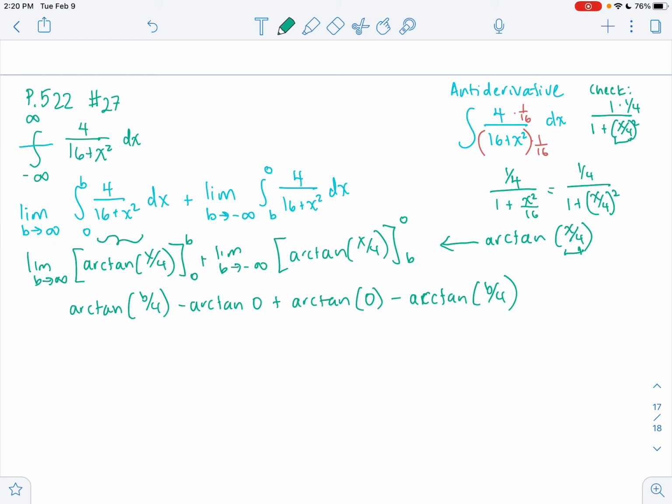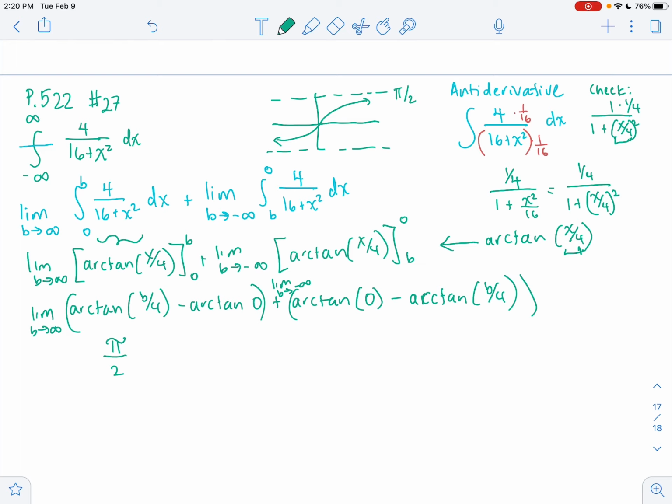And keep in mind that there's a limit as b approaches infinity for this portion of it, whereas for this part, the limit is b approaches negative infinity. So let's evaluate our limit at this point. The limit as arctangent approaches infinity over 4 is still infinity. I want to picture that my arctangent function looks like this, where as it approaches infinity, it really approaches pi over 2, where pi over 2 is my horizontal asymptote, whereas negative pi over 2 is my horizontal asymptote when it goes to negative infinity.